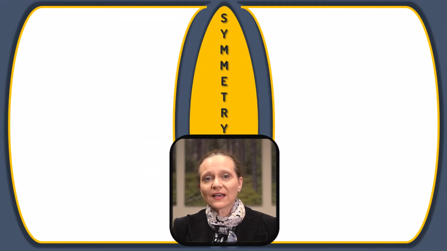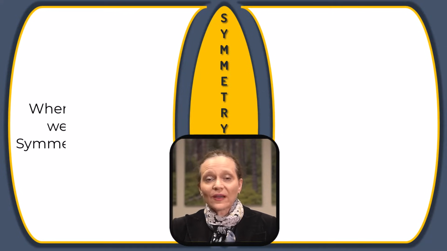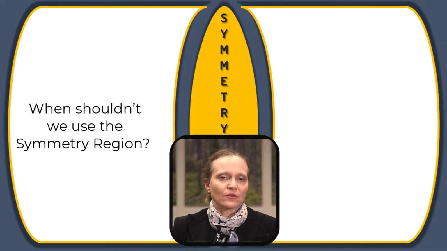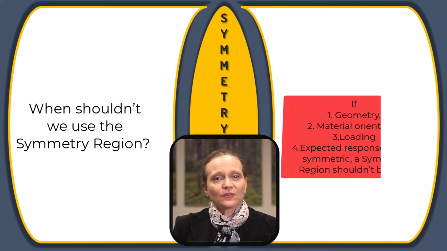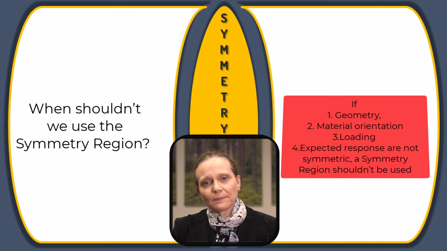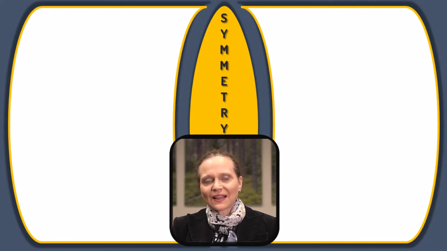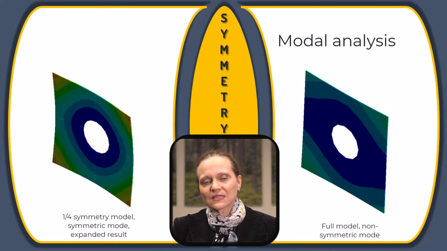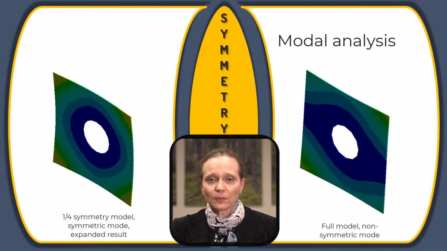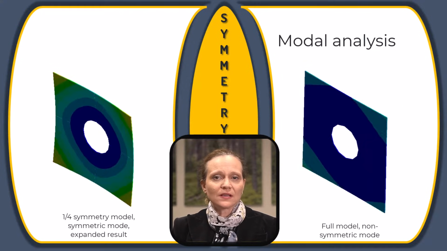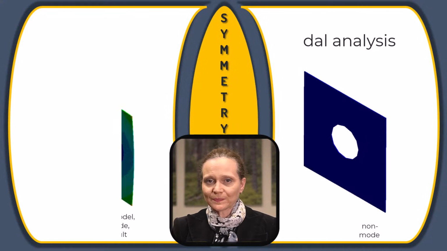Let's get back to the last question about symmetry region or planar symmetry. When shouldn't we use the symmetry region? If any of the four requirements, such as geometry, material orientation, loading, and expected response, are not symmetric, a symmetry region shouldn't be used. For example, in a dynamic analysis like modal analysis, a symmetric structure can have non-symmetric modes, and using symmetry makes us miss these modes.